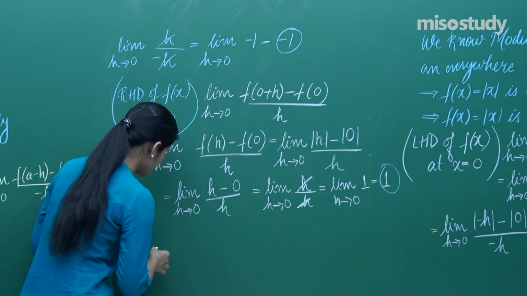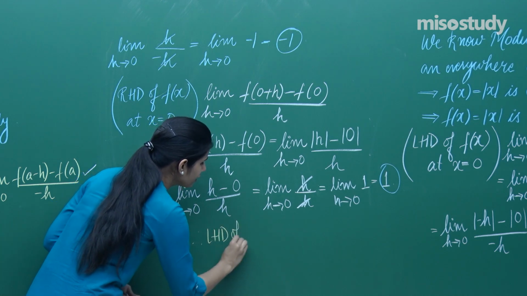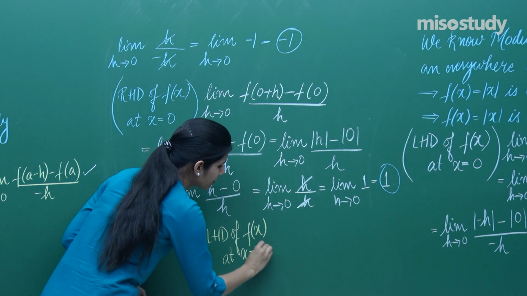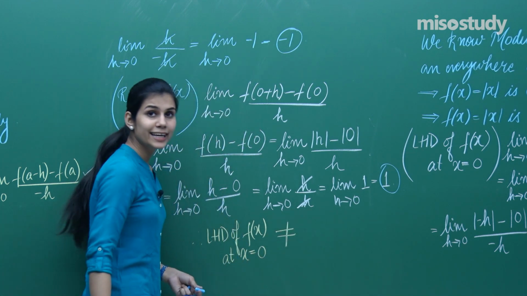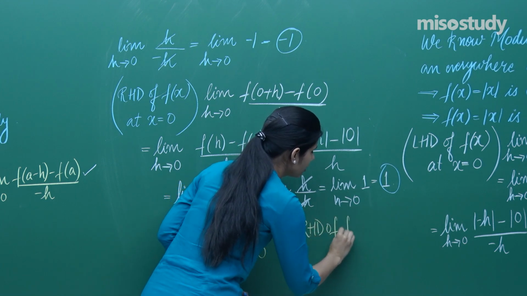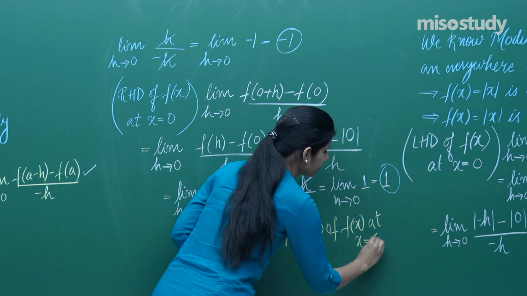So what I have got is the left hand derivative of f at 0 is not equal to the right hand derivative of f at 0.